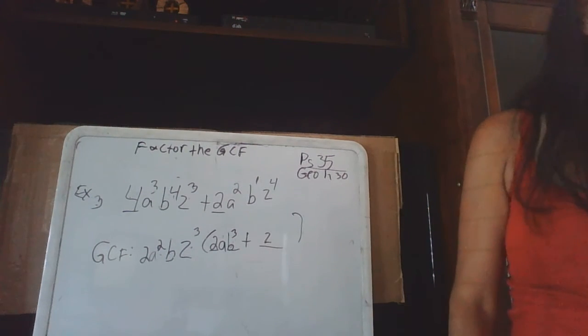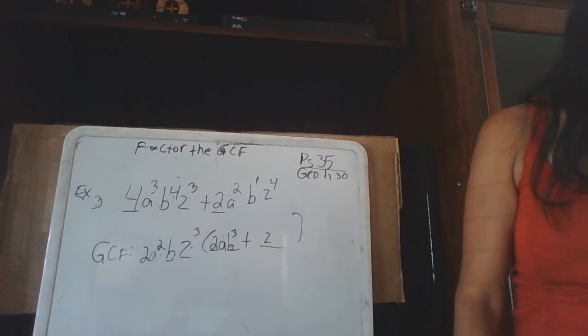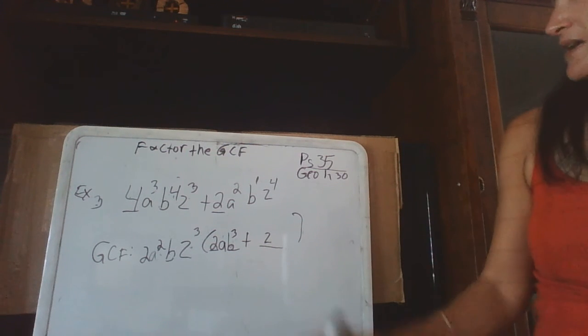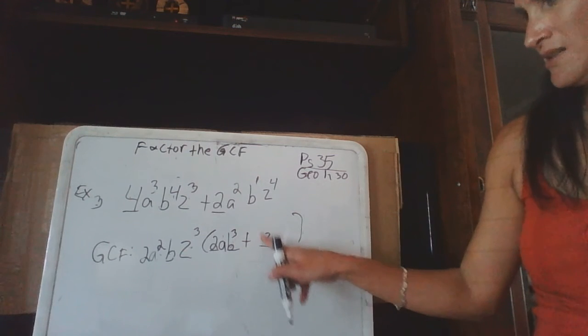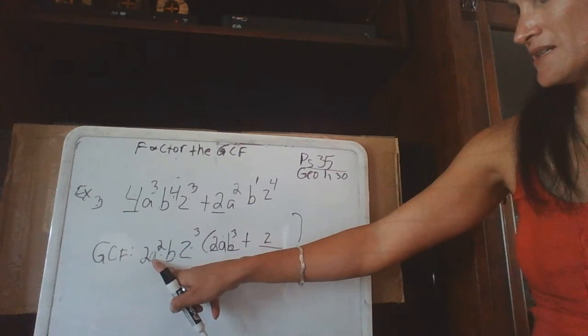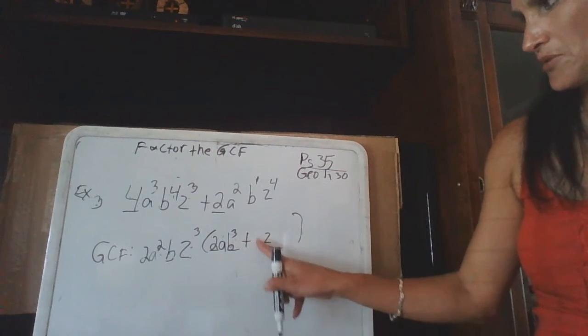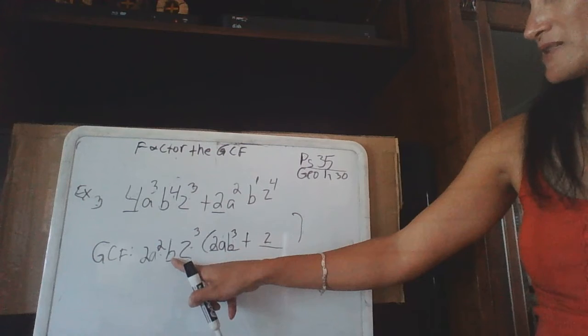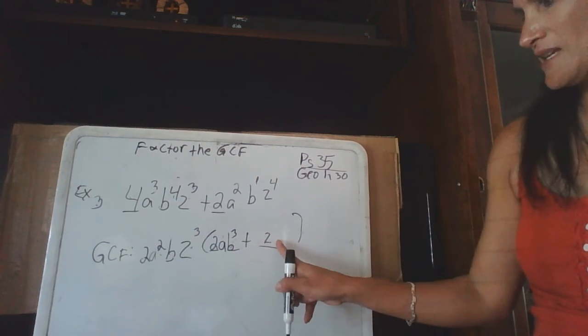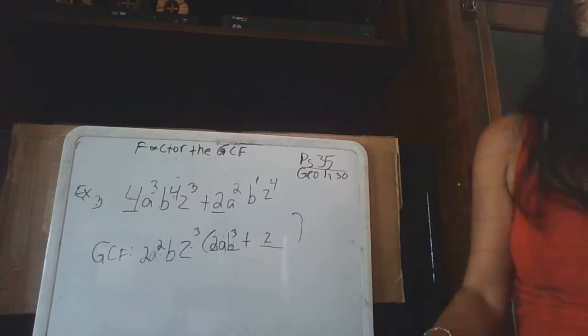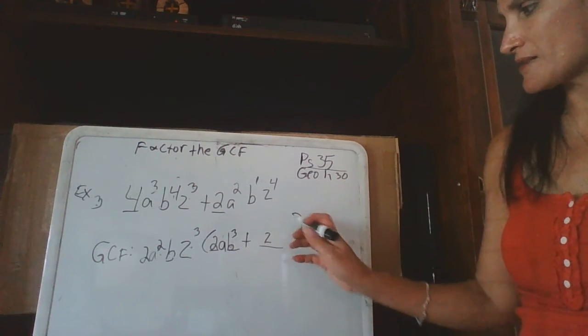So 2ab to the 3 is the right part for the first term. And then we'll do the second term. So this had 2 divided by 2 would be 1. And then a squared minus a squared would be, there's no a's. B to the first minus b to the first, there's no b's. And 4 minus 3 would be z. So my answer is 2ab to the third plus z.